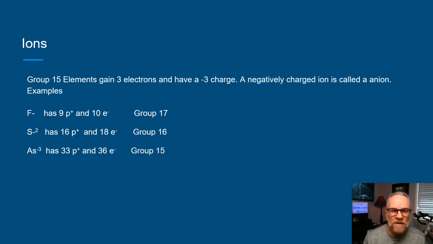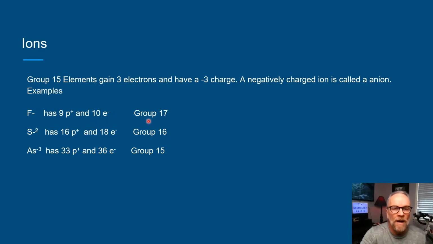So fluorine typically forms a negative 1 anion. And when you look here at this example, you'll notice that fluorine always has 9 protons. Its atomic number is 9. And so it will gain 1 electron and become a negative 1 anion, fluorine negative 1.